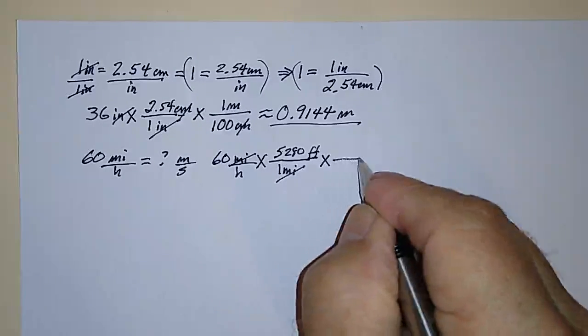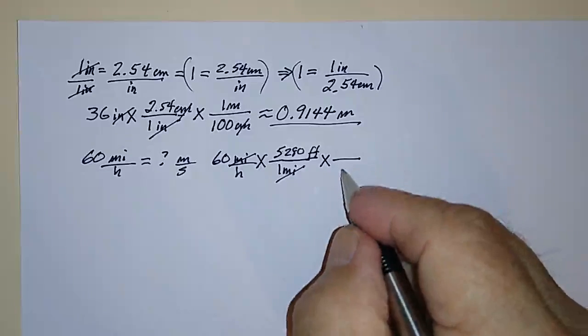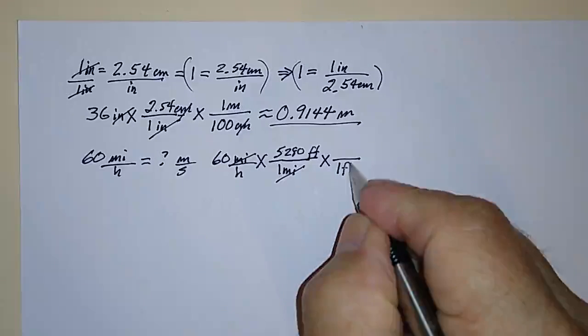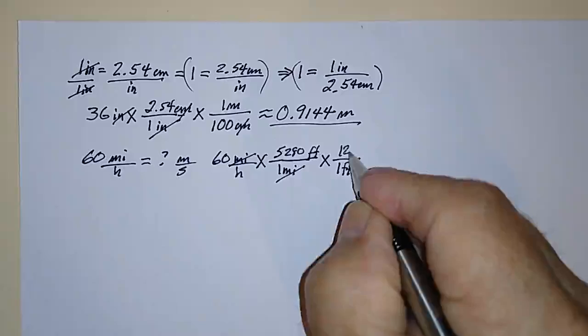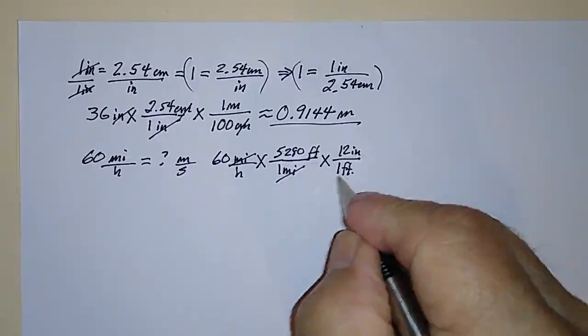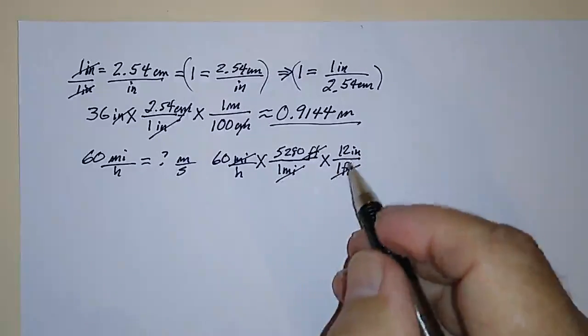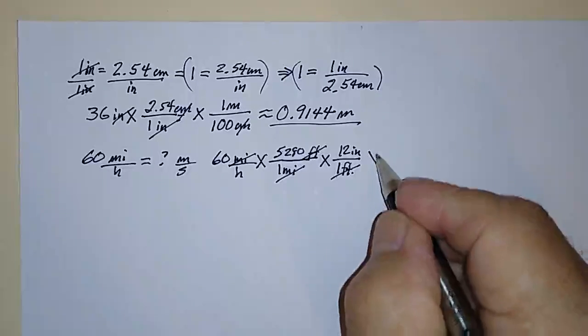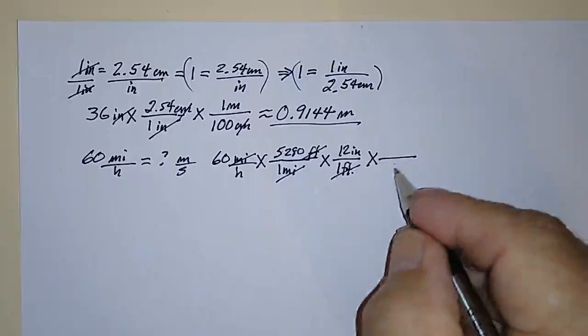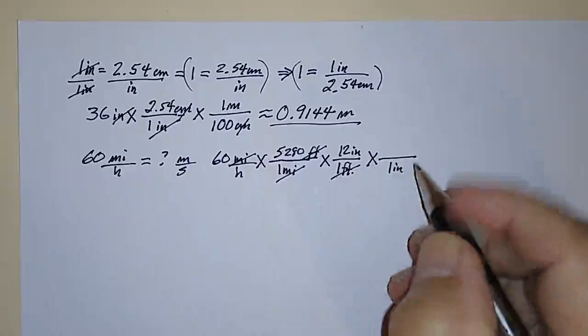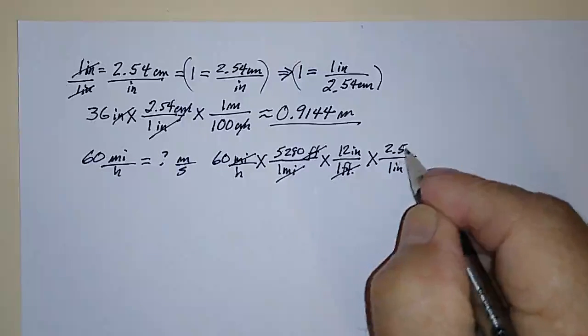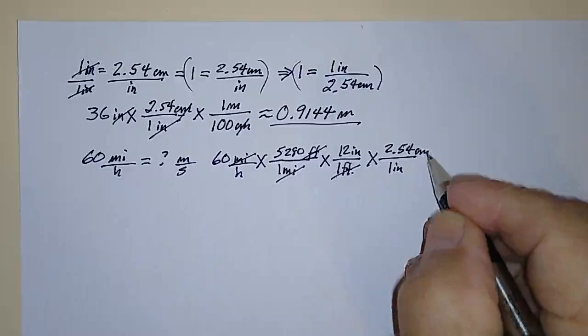times, I know that 1 foot is equal to 12 inches. So I can cancel that out. Now I have inches per hour times, I know that 1 inch is equal to 2.54 centimeters.